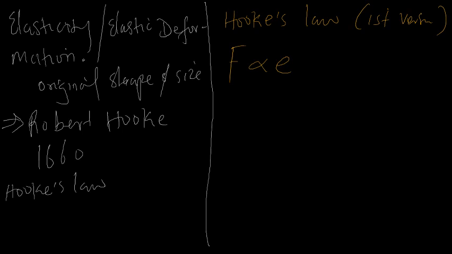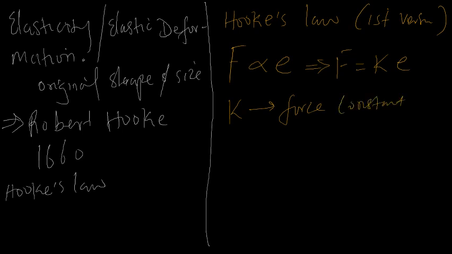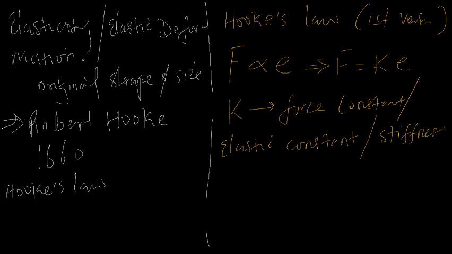If we remove this sign of proportionality, we introduce a constant, which is K, and K is known as the force constant, or elastic constant, or the stiffness of this spring, the stiffness of the solid body or material.